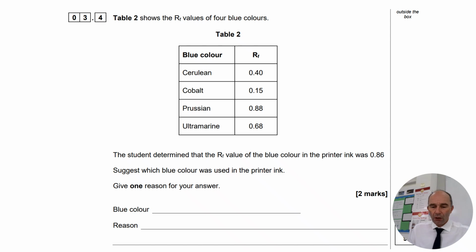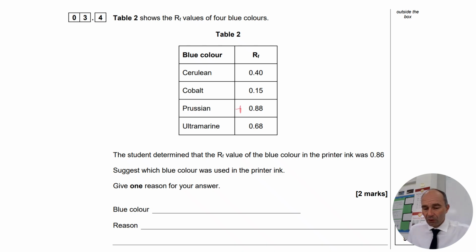Right, so question 3.4. Now we're given some different blue colours and their RF values. Now the student determined that the RF value of the blue colour in the printer ink was 0.86. Suggest which colour was used in the printer ink. Now we just need to look at the table and look for a value near to 0.86.